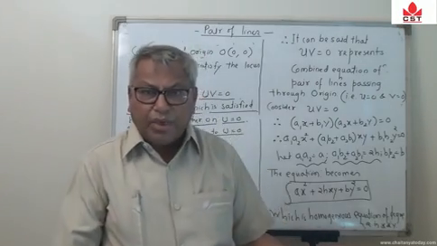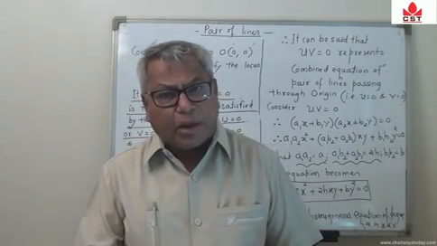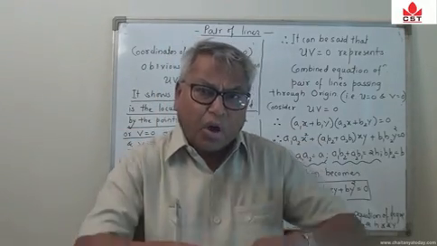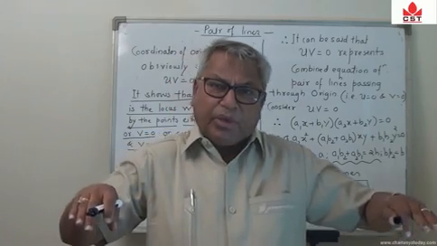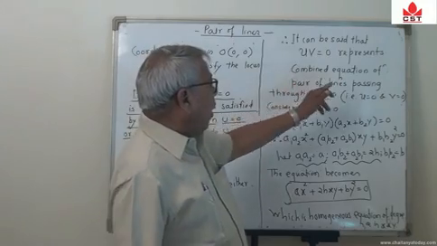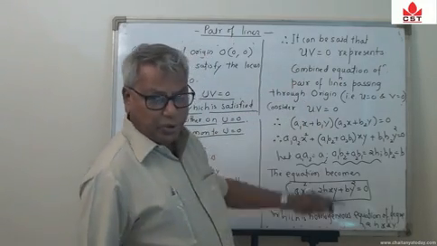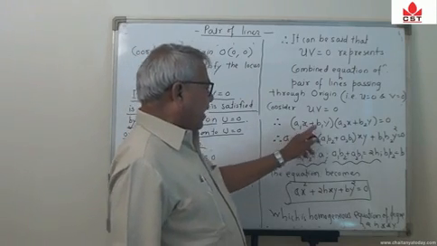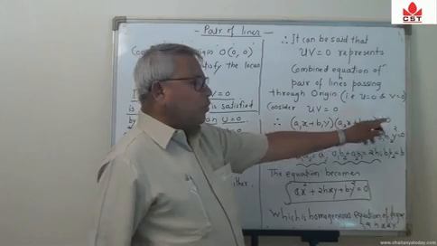Obviously, uv equal to 0 is only satisfied by the points either on u equal to 0, or on v equal to 0, or the common point to u equal to 0 and v equal to 0. Therefore, we can say that uv equal to 0 is the combined equation of these two lines. For the sake of simplifying, I have taken the equation (a1x plus b1y)(a2x plus b2y) equal to 0.